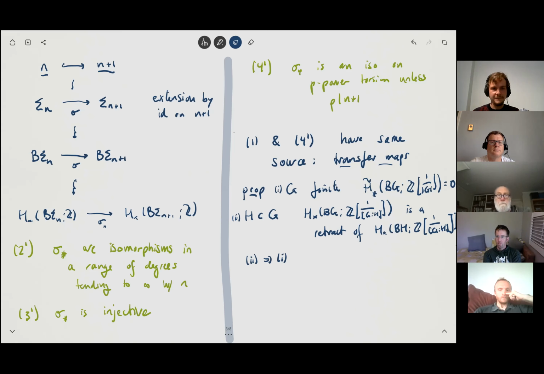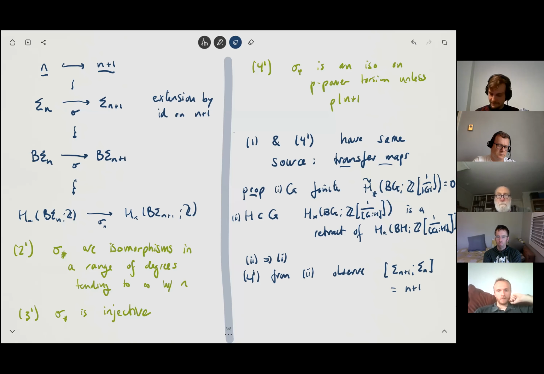And to deduce 4 prime from 2, just observe that the index of the symmetric group on n elements inside the symmetric group on n plus 1 elements is n plus 1.